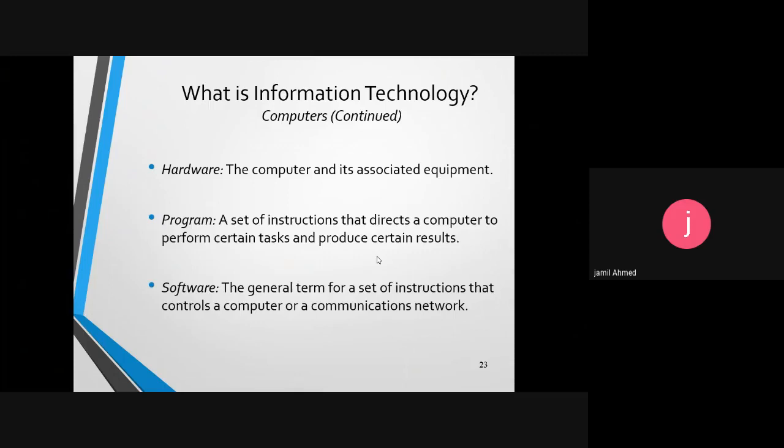The software is the general term for the set of instructions that controls the computer and communication networks. So a communication network also has some software, known as device drivers, that has to work accordingly in order to send information from one place to another.